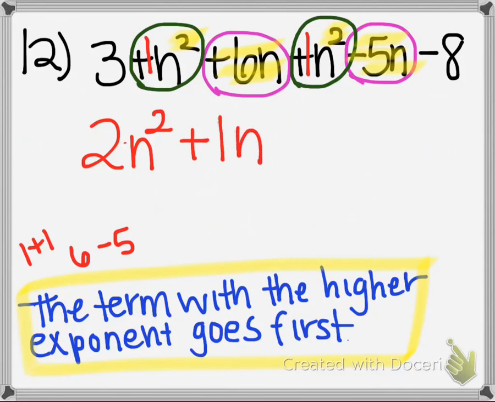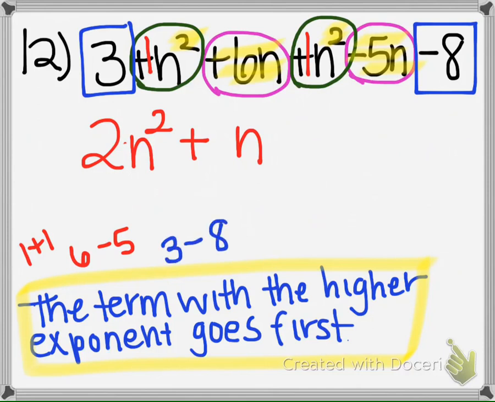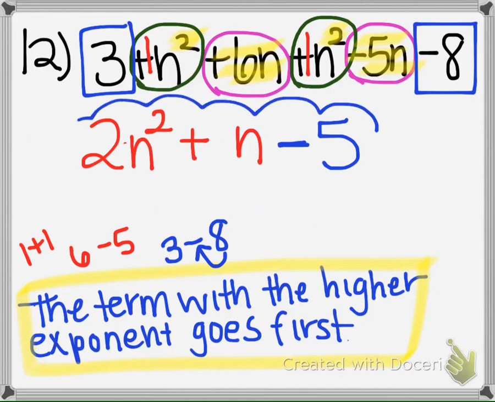Now we don't need to put a 1 there. We know that there is that 1 there. It's not wrong if you put it, but it is not necessary because 1 times n is just n. And then lastly, we can put the 3 and the negative 8 together, and we would solve 3 and negative 8. The 8 is bigger, so negative. And we would subtract because they are different, so we would get negative 5. So that would be our simplified expression.